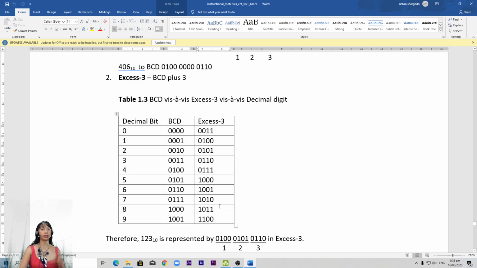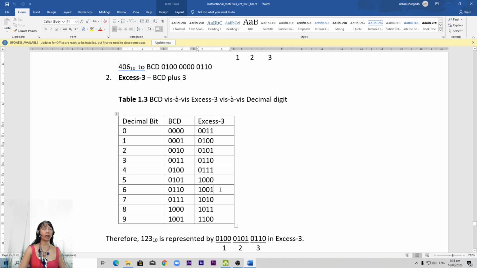How about 8? 8 plus 3 is 11. So we have 1 plus 2 is 3, plus 8, so this is 11. For 7, 7 plus 3 is 10. Let's add the weight when the bit is equal to 1. So we have here 2 plus 8, so we have 10.